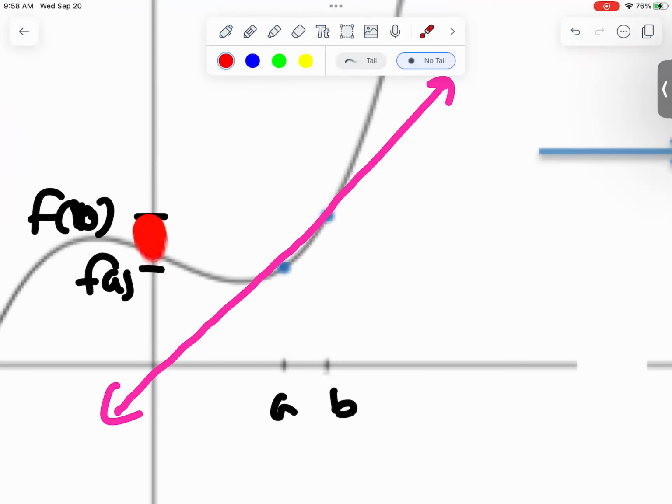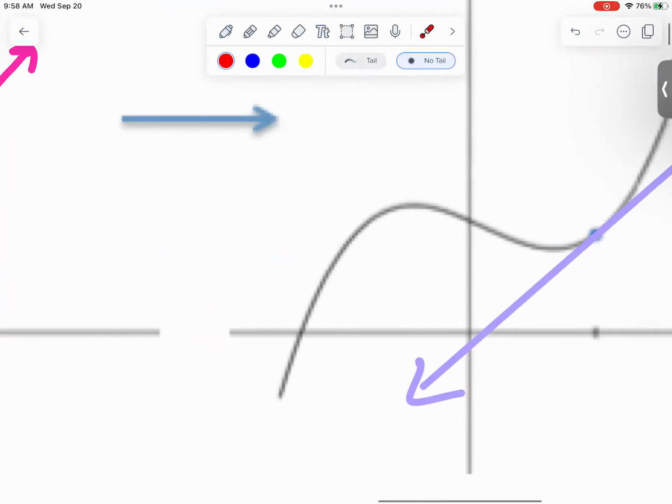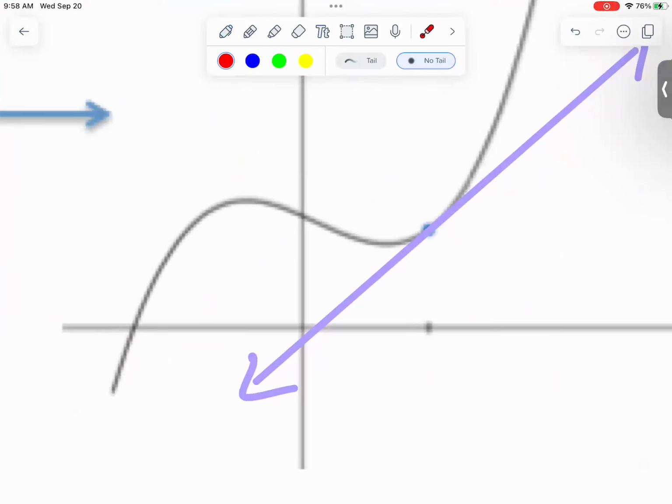This small change in y over this small change in x, that's what the secant line is. And so what Leibniz was discovering is, what if we made that delta x infinitesimally small? So an infinitesimally small change in x, and an infinitesimally small change in y. So he used a concept that he called infinitesimals.